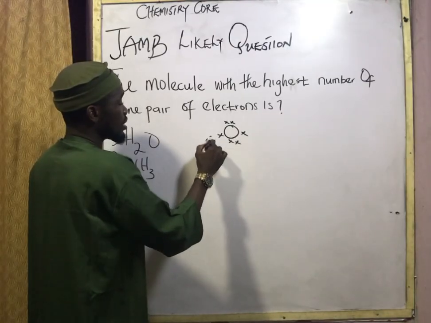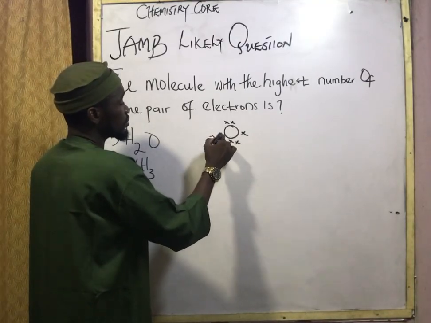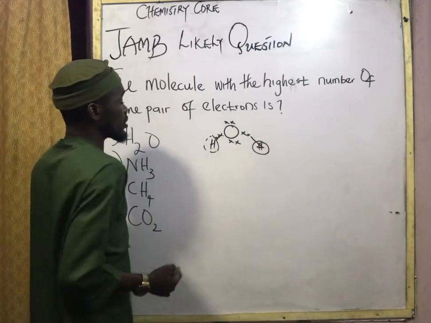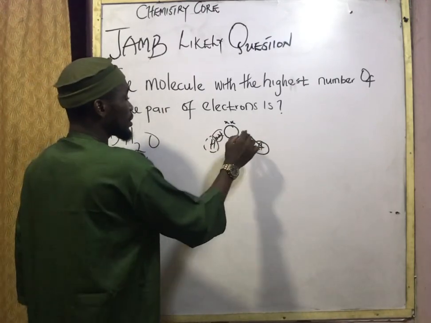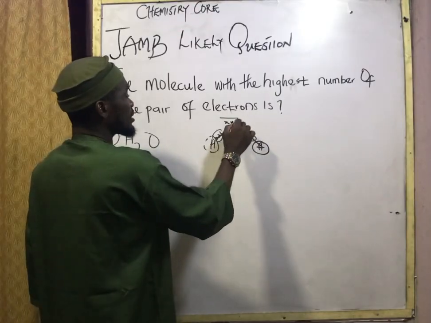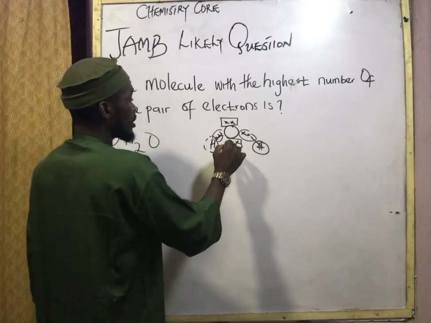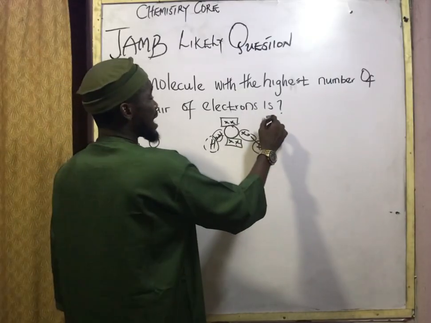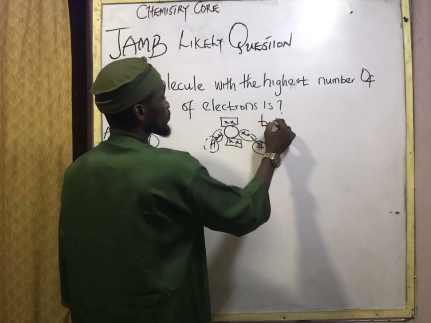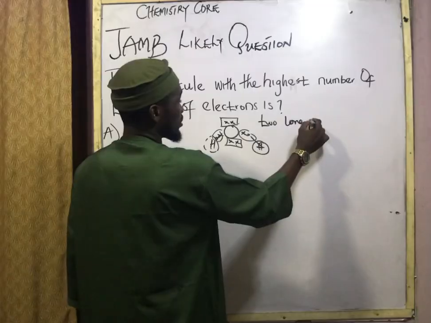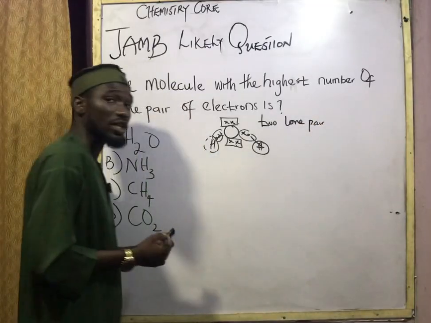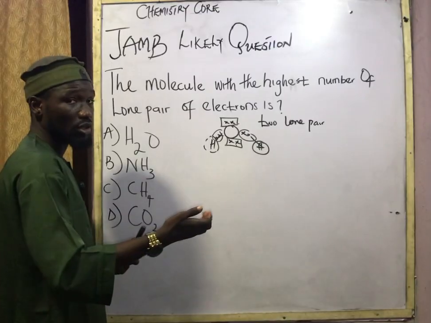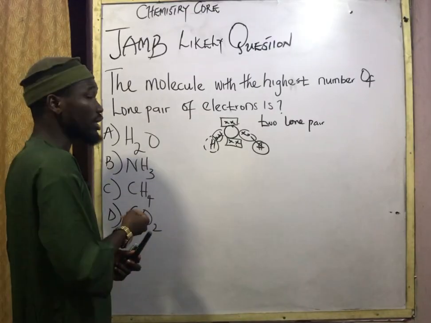Here is our hydrogen bonded, and another hydrogen bonded. So guys, these are the bonds here, while these are the lone pairs, the first lone pair and the second lone pair. So water has 2 lone pairs. We can't say water is the correct answer until we check the other molecules.